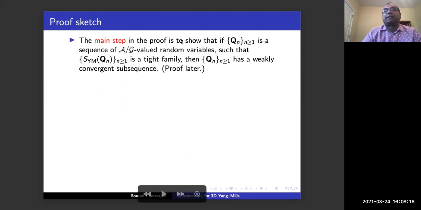And to use that, I'm proving this intermediate lemma, which says that if you have a sequence of measures on the quotient space, so that if they're pushed forward under the Yang-Mills action they form a tight family, then the sequence of measures itself is tight on the quotient space. That SYM of Q is what you were referring to on the previous slide.